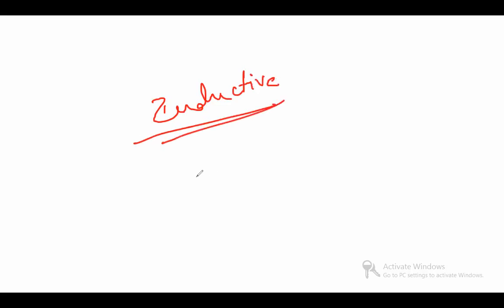You need to remember this general stability of cations, which we can explain on the basis of the inductive effect. I'll tell you what the inductive effect is later. So stability increases in this direction.